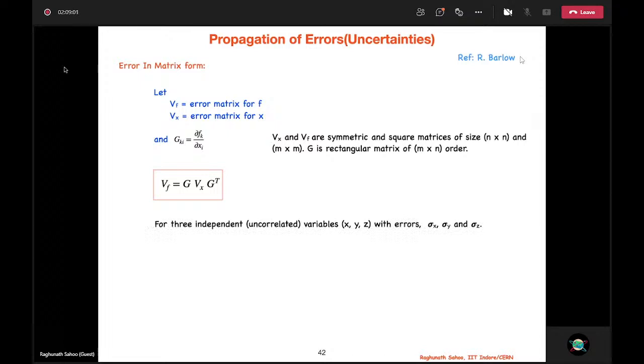So for three independent uncorrelated variables x, y, z with errors sigma x, sigma y, and sigma z, you can write f as a function of x, y, z. Your G will be del f by del x and all that, because you know this kind of terms will come. You have seen them in the error propagation formula.